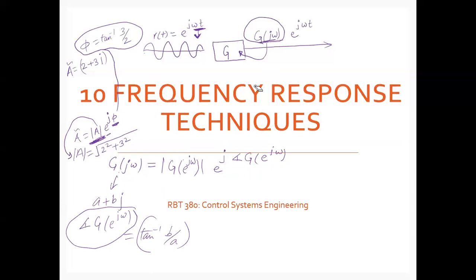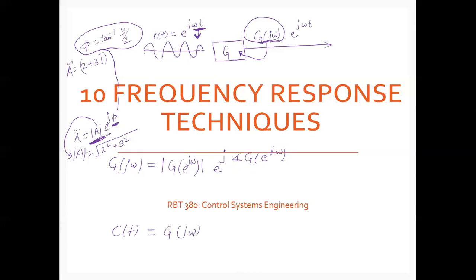Now, what does your output become then? Help me here. If you have your G(j omega), what is your output? Your output c(t) equals G(j omega) times e to the j omega t, right? That's your output.